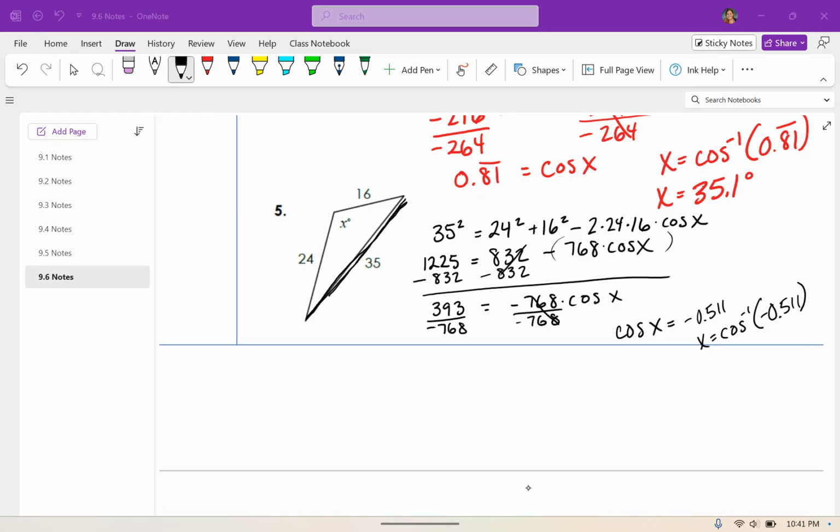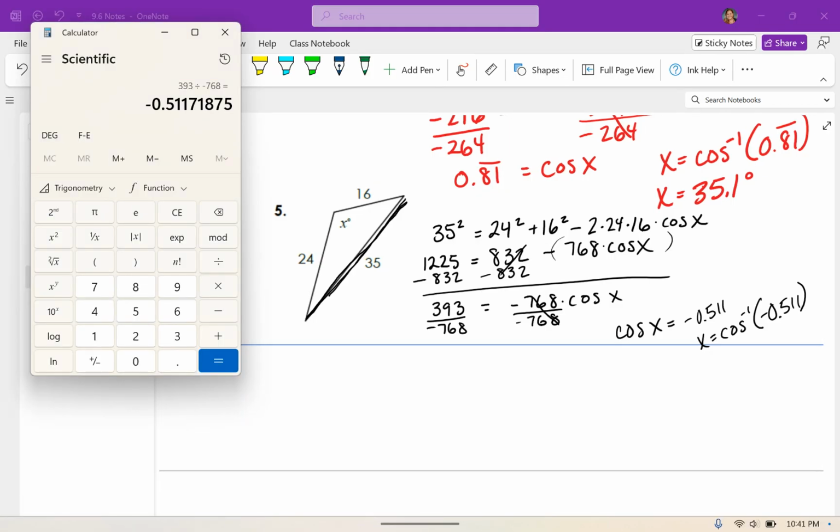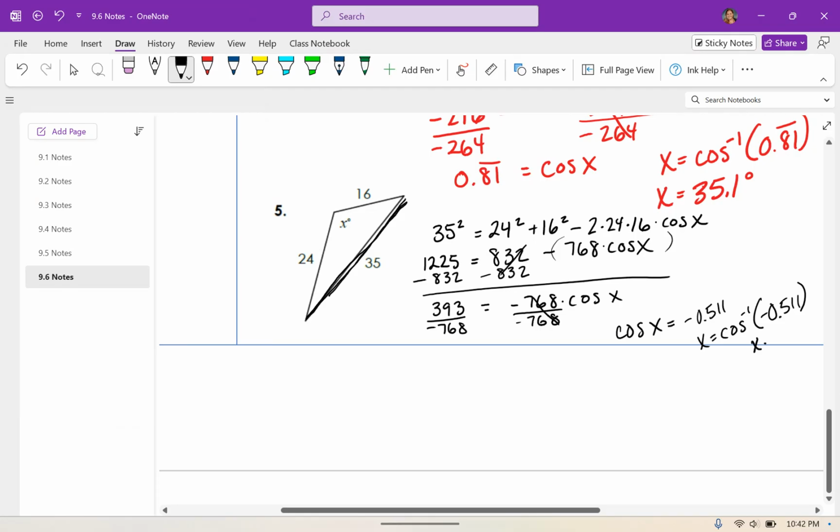So I'm just going to take this button and hit inverse cosine, and we get 120.8 degrees. 120.8 degrees. It does look obtuse. It's across from 35, which is the longest side, so I think that's a good guess.